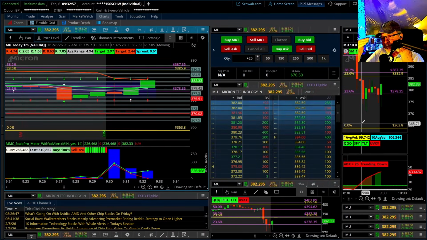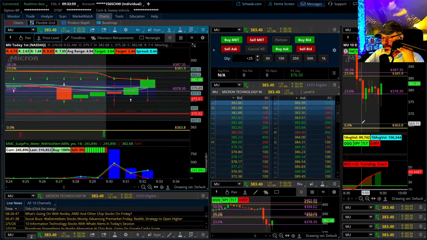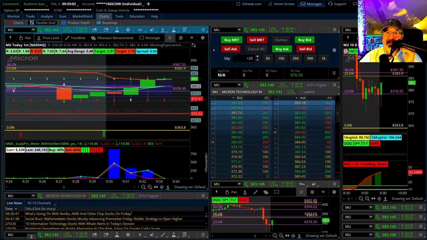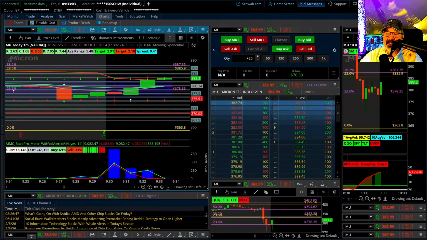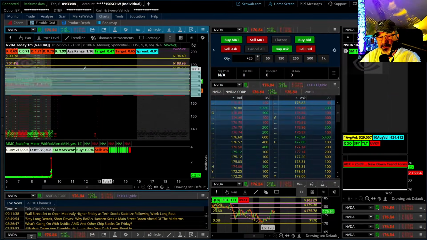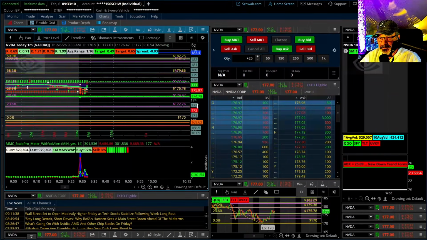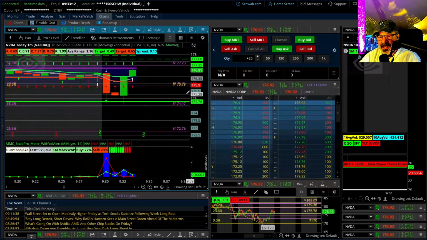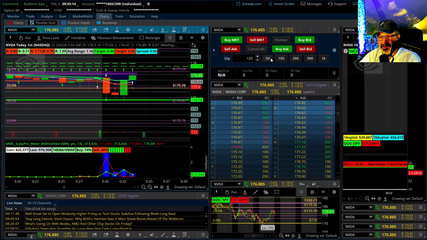So you're trading large caps, which often will retrace back and forth. So if you make a mistake, you often have an opportunity to get out of that situation.